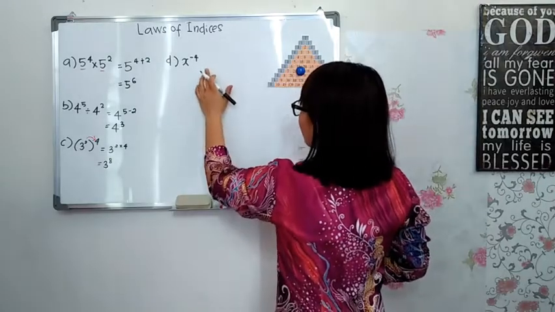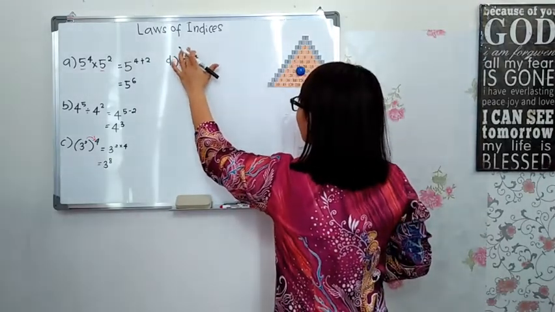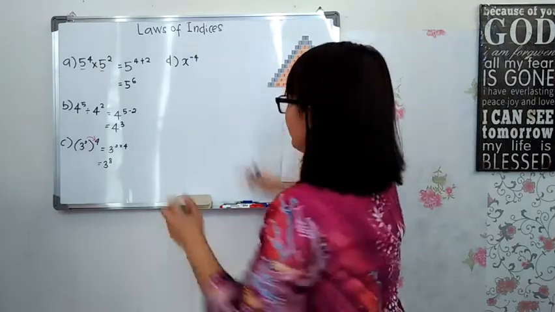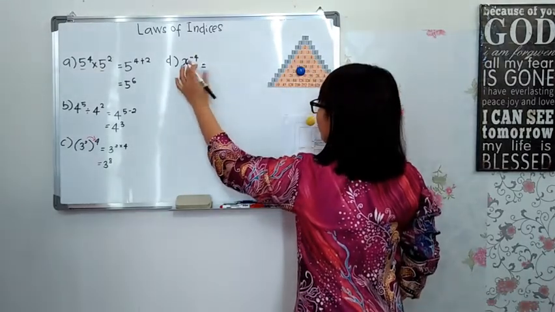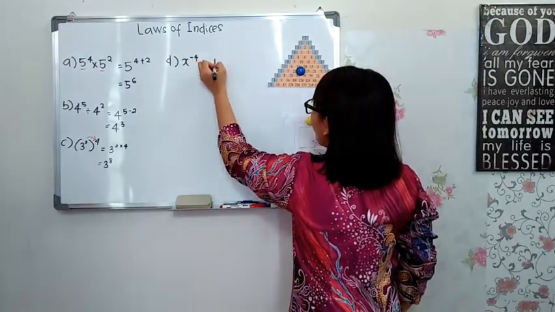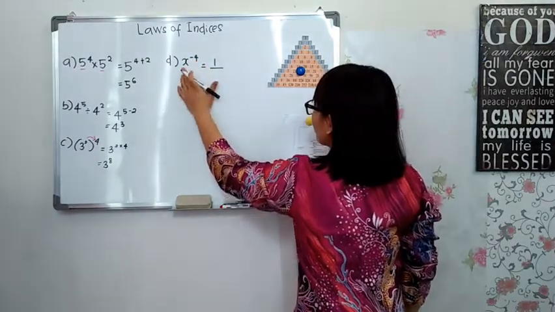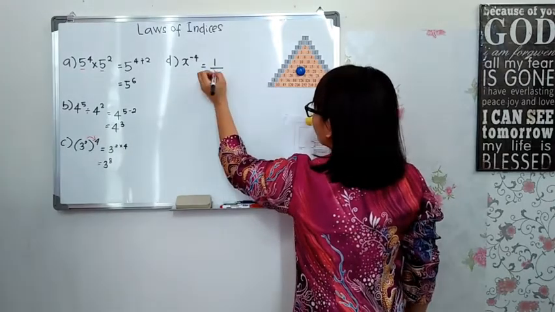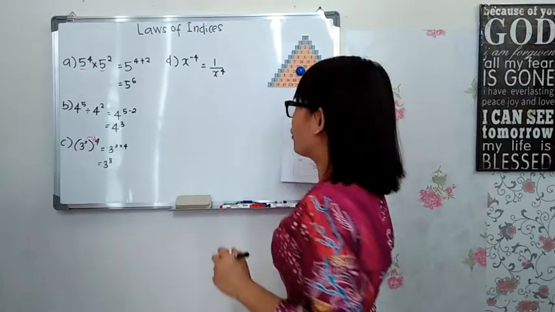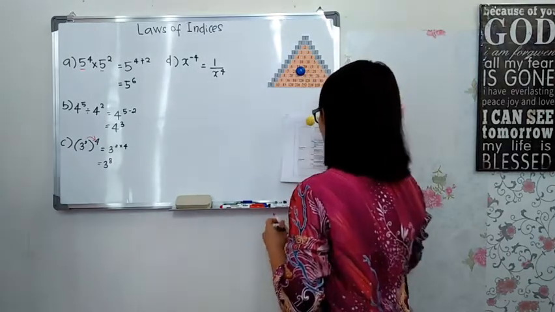First thing you must remember, if the power is negative, it means 1 over. So just put 1 over x to the power of 4. Okay?